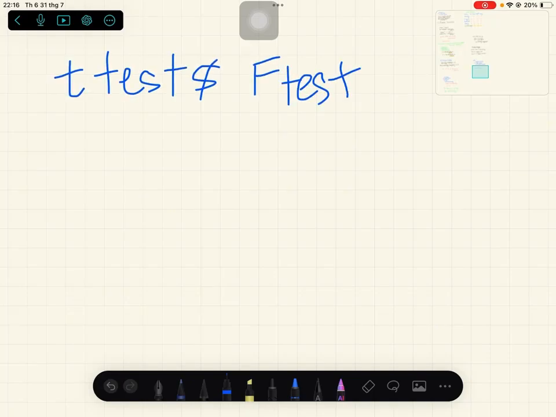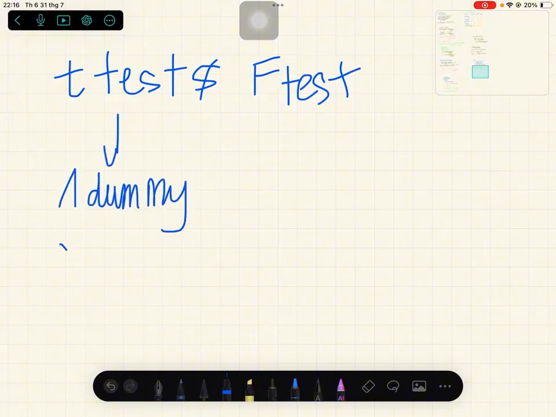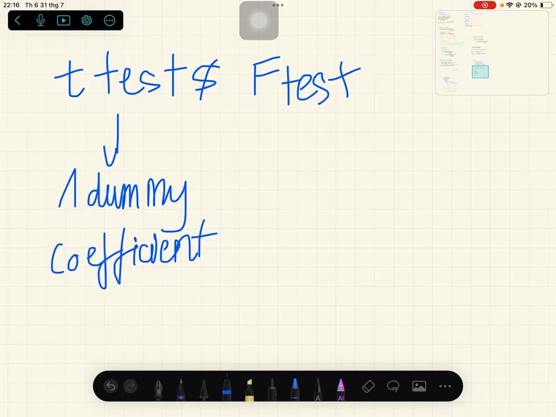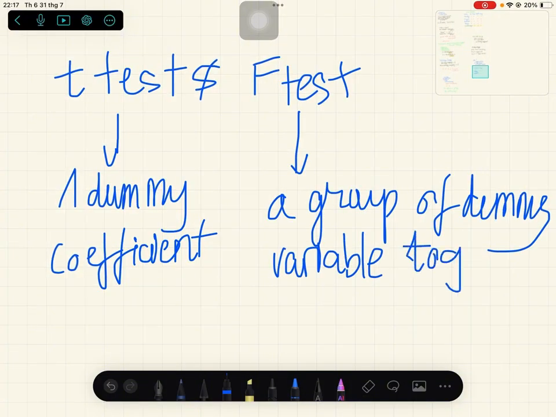A t-test usually examines one dummy coefficient. For example, does technology sector membership affect valuations? The F-test examines a group of dummy variables together. For example, do industry classifications collectively explain differences in stock returns?